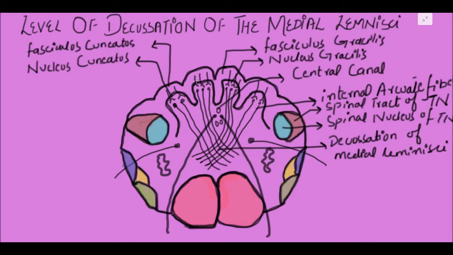Right, and it's the only nerve which can be seen throughout the brain stem. So whatever section we take, we can see the trigeminal nerve, right? And let's mention here this is the inferior olivary nucleus, right?